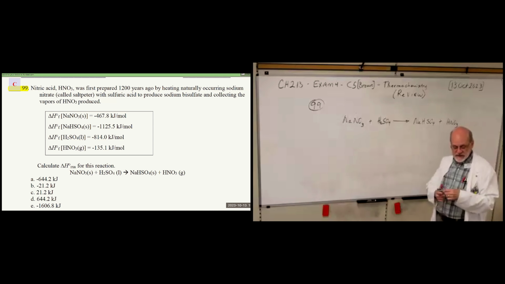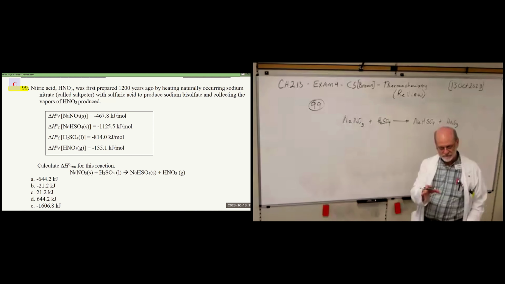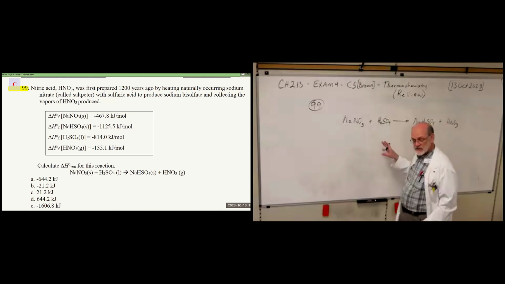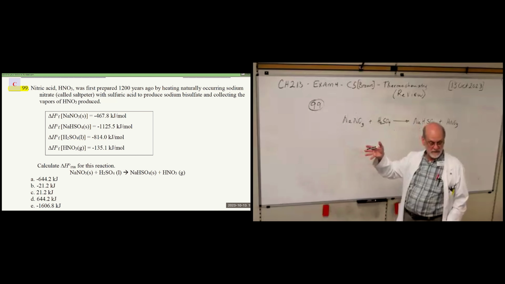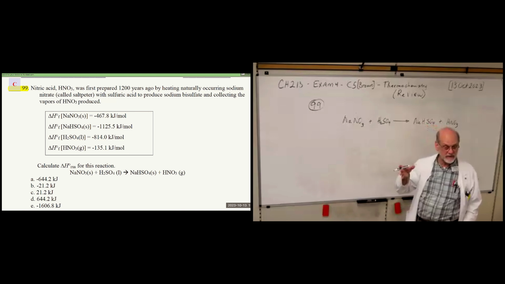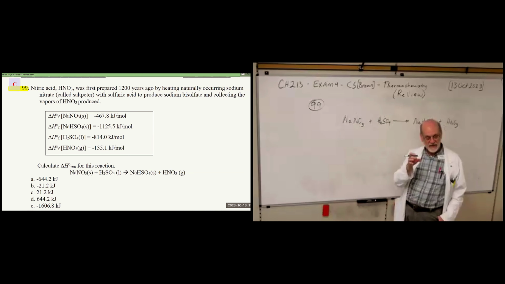What they want to know is what's the delta H for that reaction? And they're giving you the heats of formation. The heats of formation for compounds are real values. The heats of formation for elements is 0. So if you have an equation with elements in it, then you just put in a 0 for those.